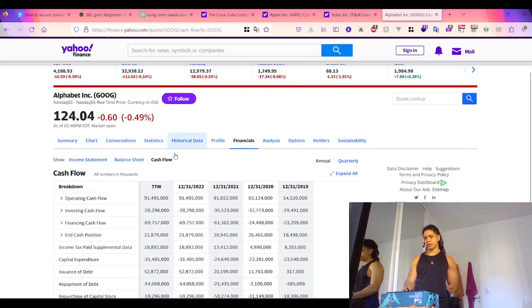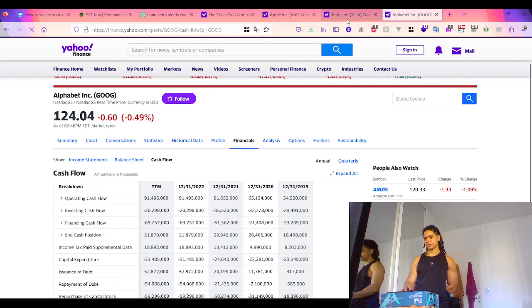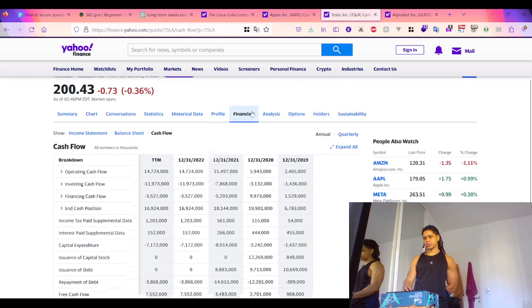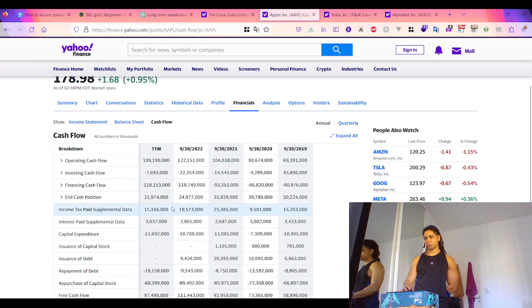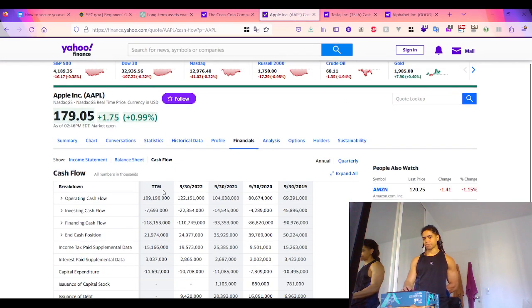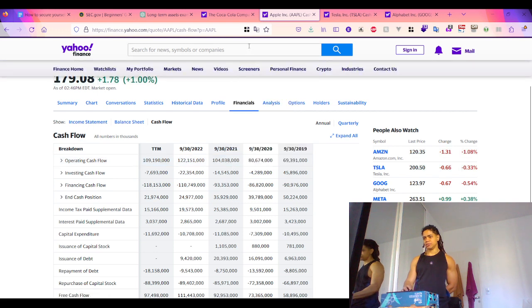Alphabet received this amount of cash from operating activities. Tesla, in this case, this, and Apple, this huge amount of money.